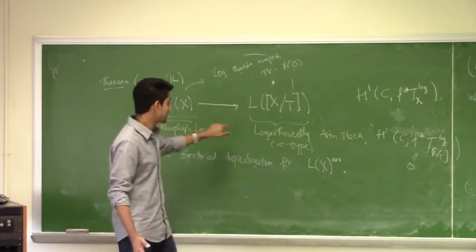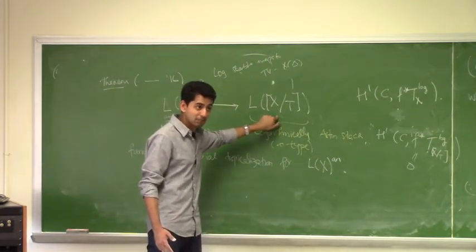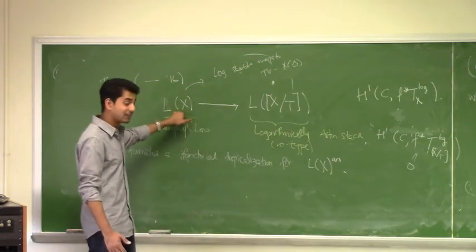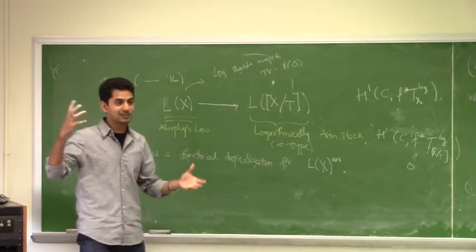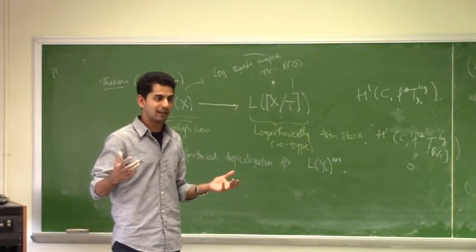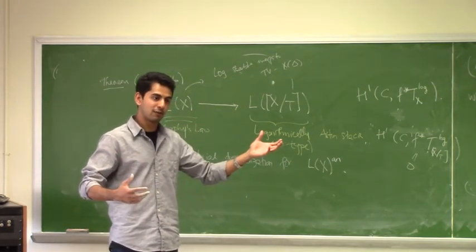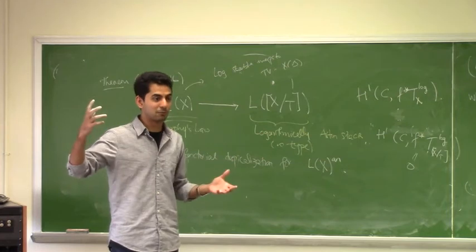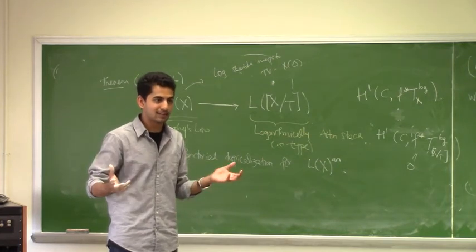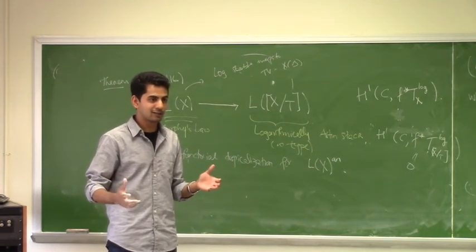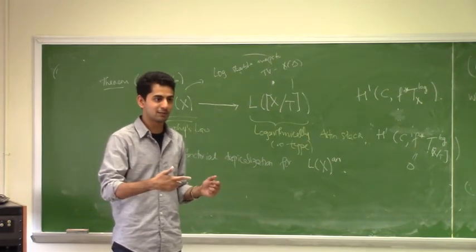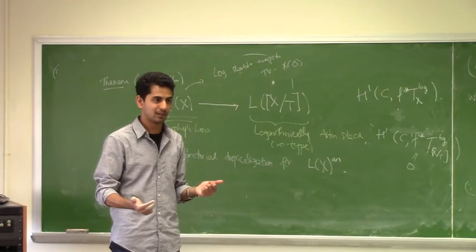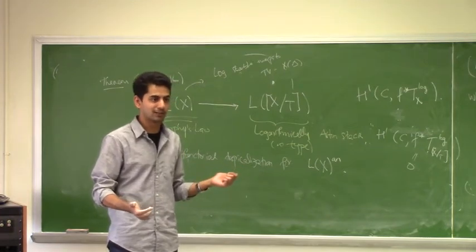What this is telling you is that superabundance is the same thing as having excess dimensional components in the moduli space of maps. A priori, that's just some coincidence, that whenever you have superabundance on the tropical side, you have large dimensional components on the classical side. Why does that happen? It's not clear that the classical statement implies the tropical statement, or vice versa. And this tells you both, actually.